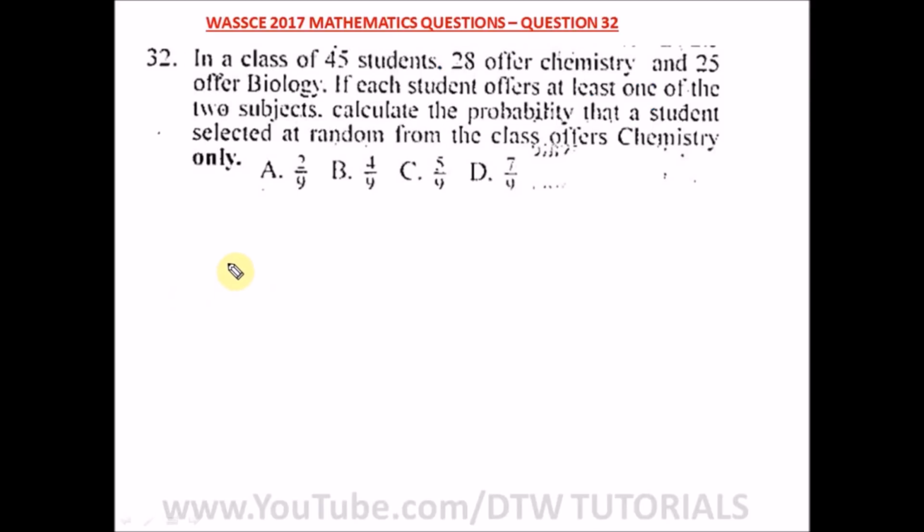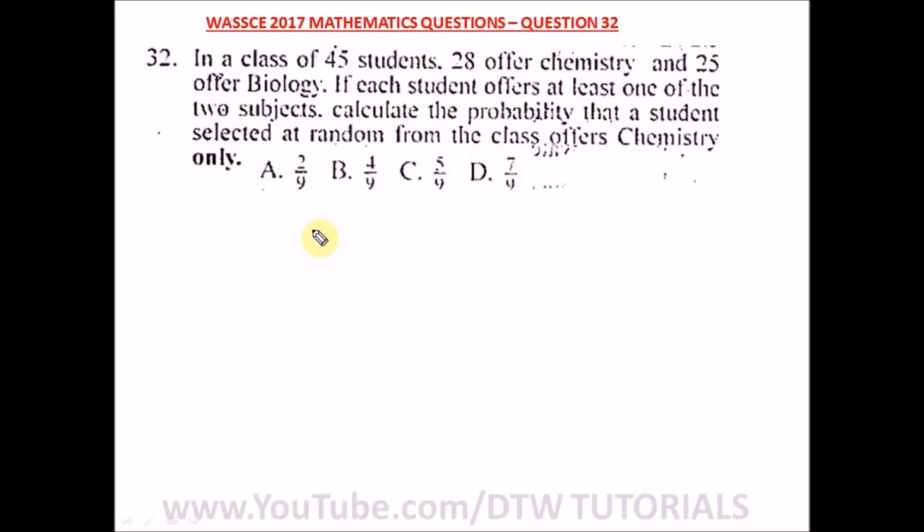Question 32 of our WASSCE 2017 mathematics past question. That's your WAEC 2017. It says in a class of 45 students, 28 offer chemistry and 25 offer biology. If each student offers at least one of the two subjects, calculate the probability that a student selected at random from the class offers chemistry only.